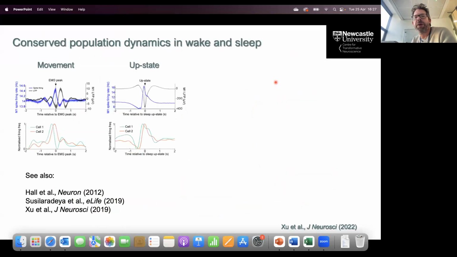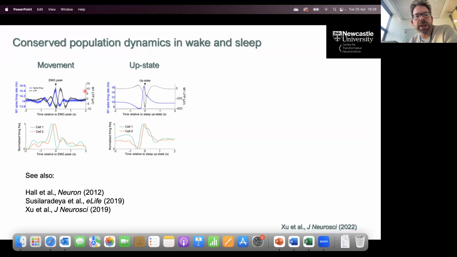We were interested in this because we've done previous work in motor cortex showing that the pattern of activity around these down to upstate transitions resembles the pattern of activity that we see during movement in terms of the precise relationship of the cells, a little bit like replay, although I wouldn't say we have quite enough data to make claims about replay.